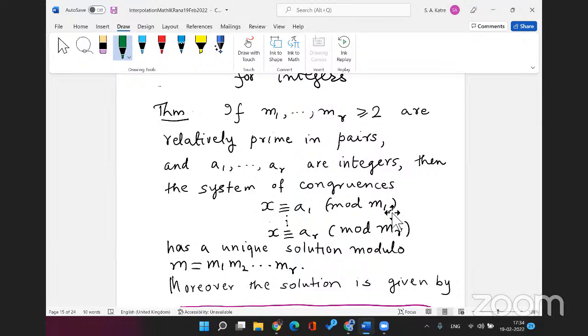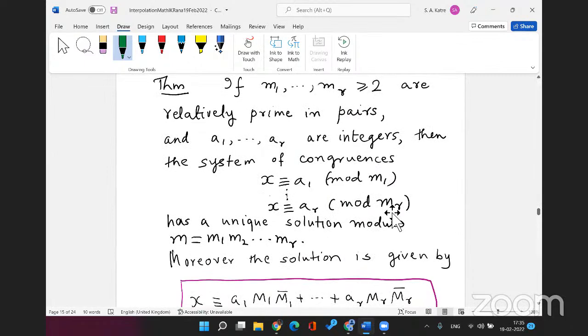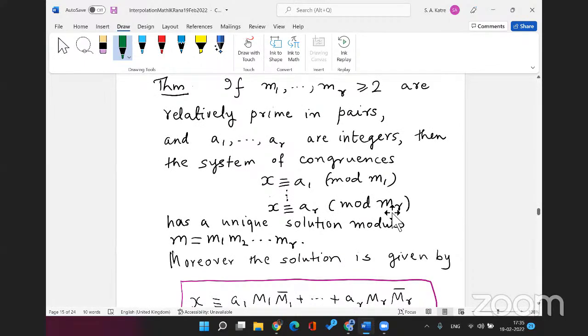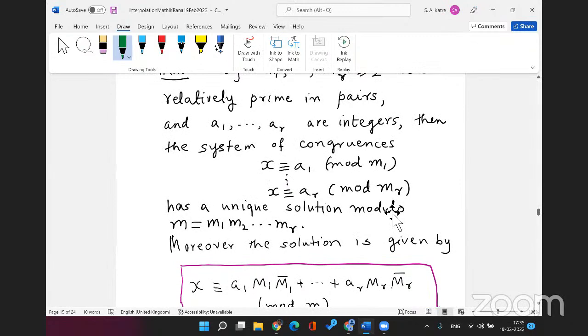Now, in the modular notation, you ask the same question like this. Can you find integers x satisfying x congruent to a1 mod m1, x congruent to a2 mod m2, ..., x congruent to ar mod mr? Now here you can even take negative integers. The remainder is 0 or positive, that requirement is not there now. We can even say x congruent to minus 7 modulo 100 or something. That is also allowed. So that is the usefulness of modular notation.